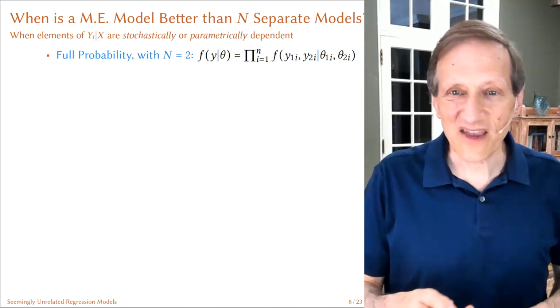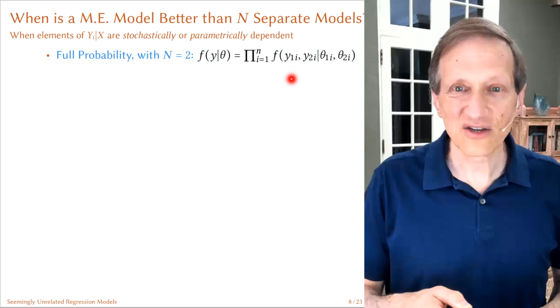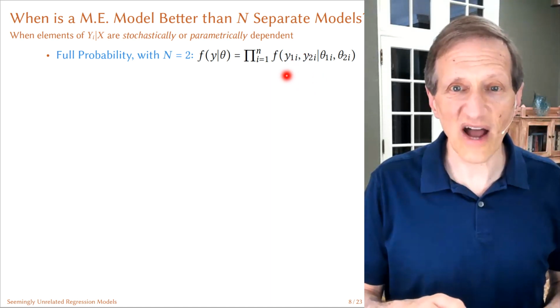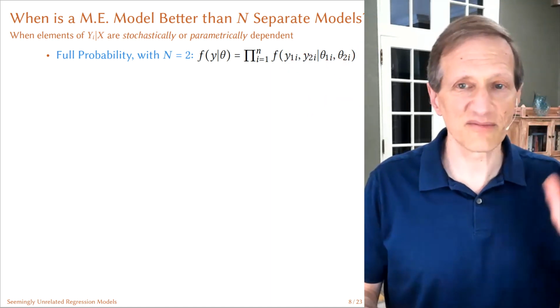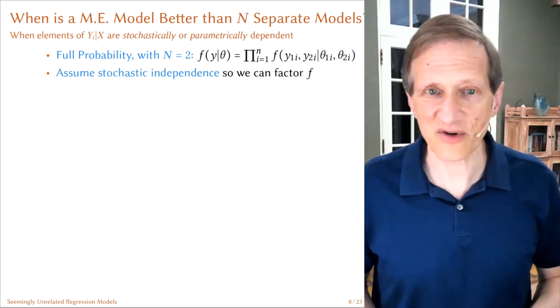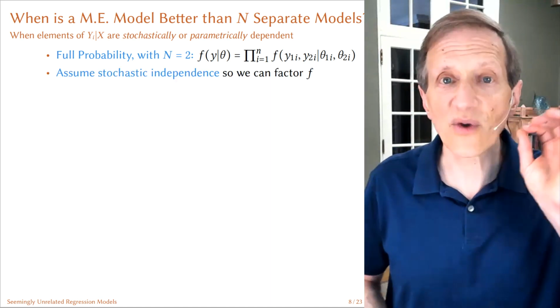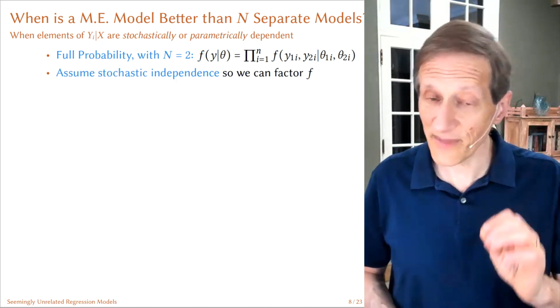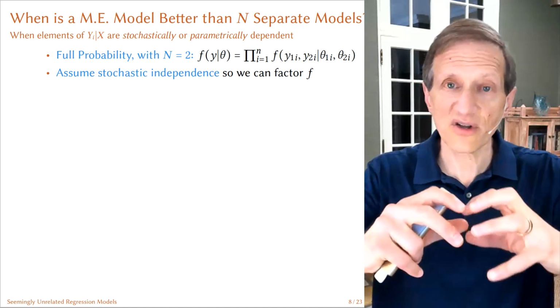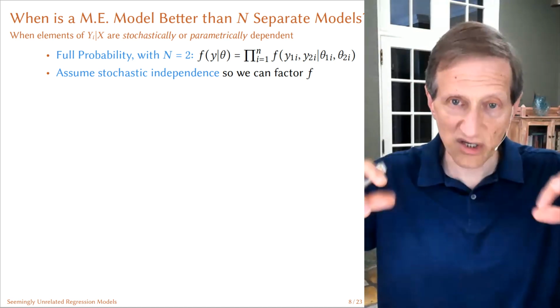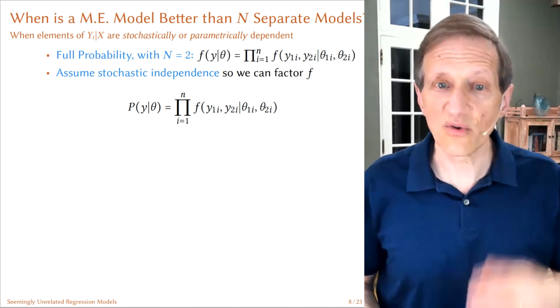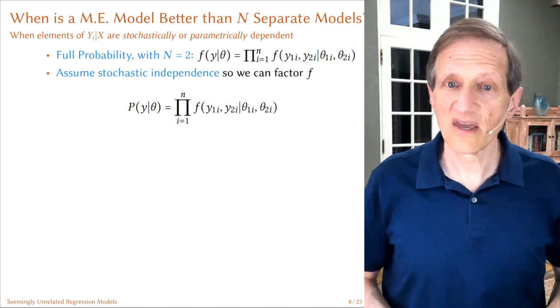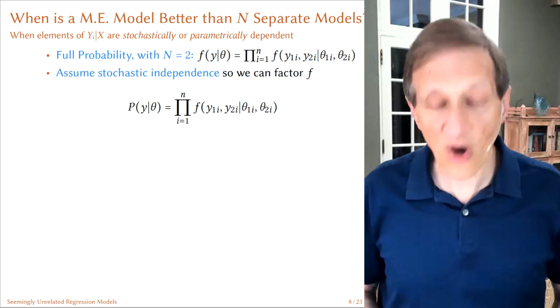So here's our equation. We have 2 outcome variables y and 2 parameters, and I'm setting aside the other parameters. We're going to assume stochastic independence. What does that mean? That means we can factor the stochastic distribution into 2 parts. So that's our stochastic component.